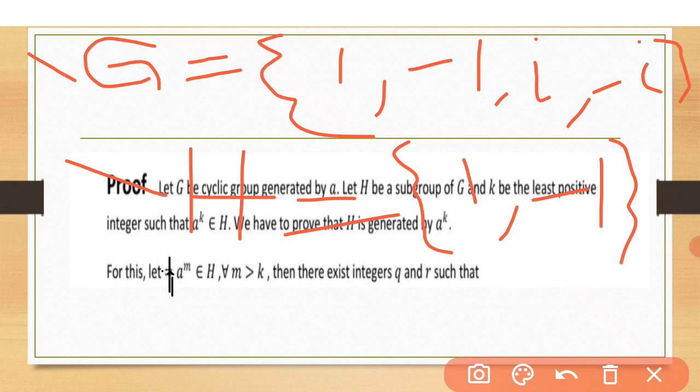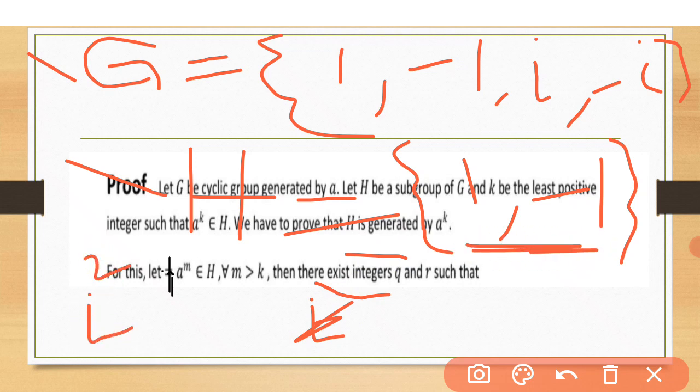And we know that G is generated by iota, and H is generated by iota raised to power 2. How? When we take its power 1, it gives us minus 1.